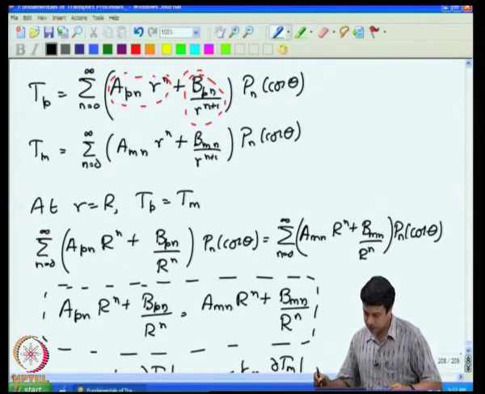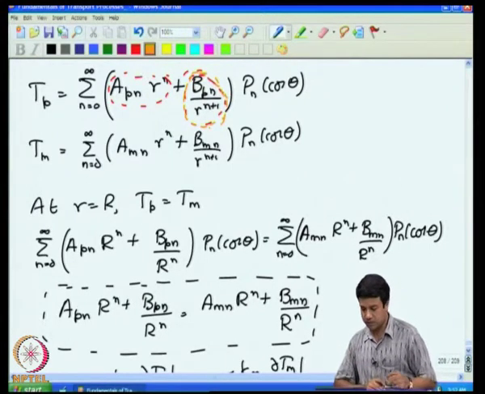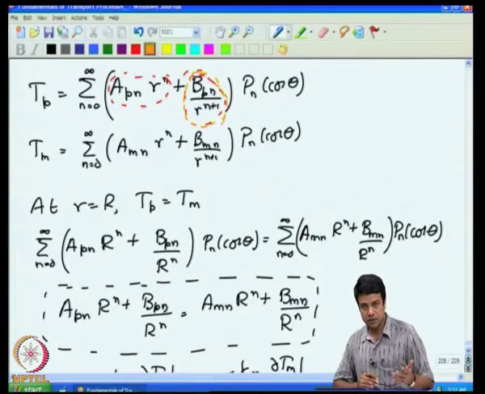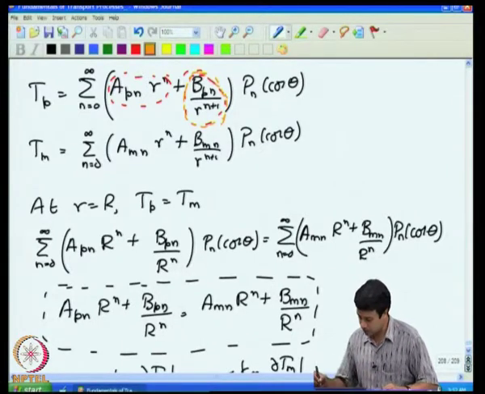So, the condition at the center of the particle implies that these terms are identically equal to 0, because they have 1 over r power n plus 1, and these terms diverge as r goes to 0. Since these go to infinity, the coefficient Bpn has to be equal to 0.